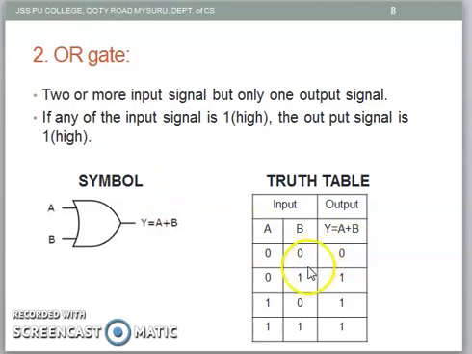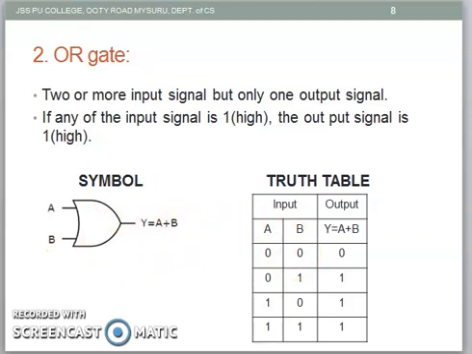Meaning if one of the input signals is high in the case of the OR gate, the output is in the high state. If both the inputs are low, the output is also low. This is the symbolic representation for the OR gate and the tabular representation. The output of the OR gate is A plus B. The question may be like this in your examination: draw the symbol of the OR gate or draw the truth table for the OR gate.